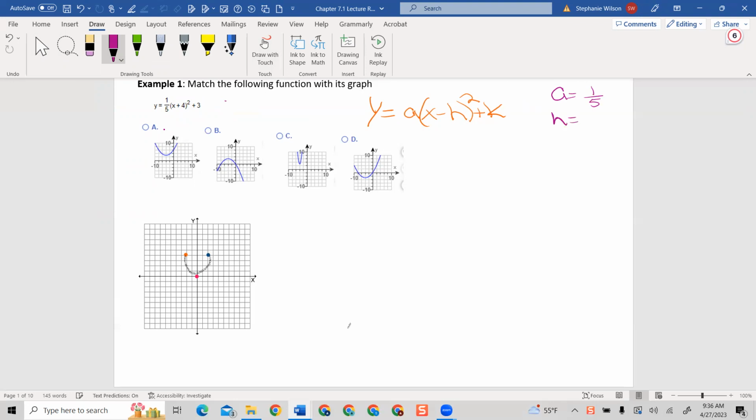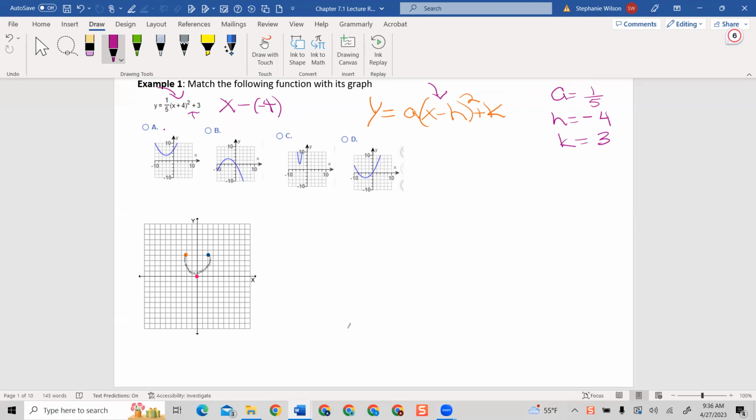My h here, well, remember, it says minus h here. This has a plus, which means x minus a -4, because negative times negative is positive. So my h here is -4. My k is 3. It's positive because it didn't change the sign.